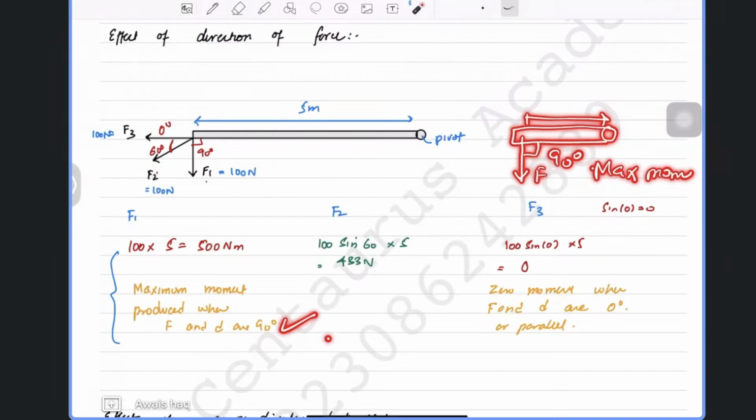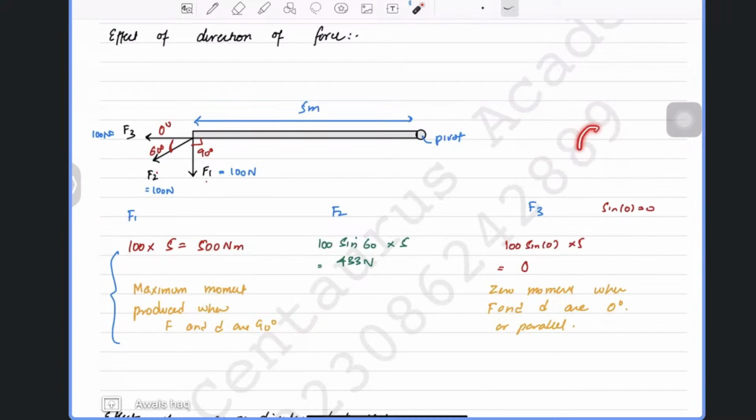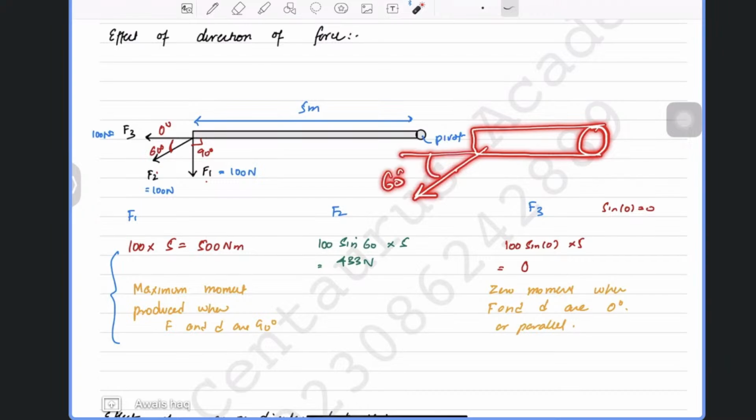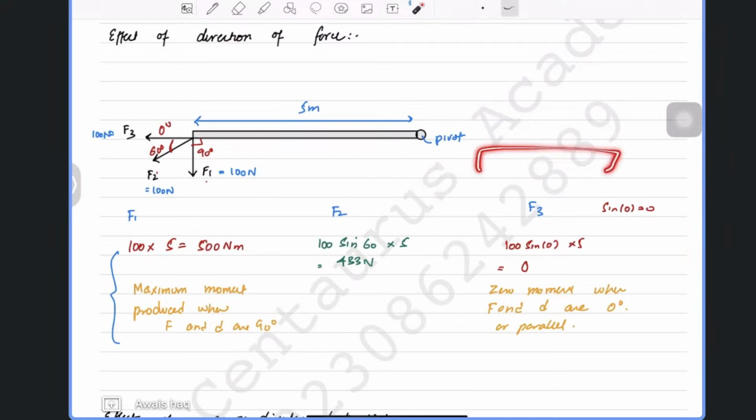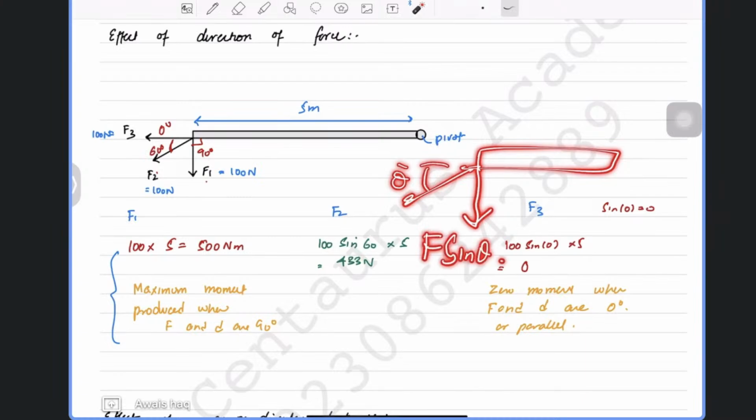Obviously, if you think logically, if you apply a force somewhere here at a certain angle, like 60 or theta maybe, the perpendicular of that is going to be F sine theta. Right now, is it clear?